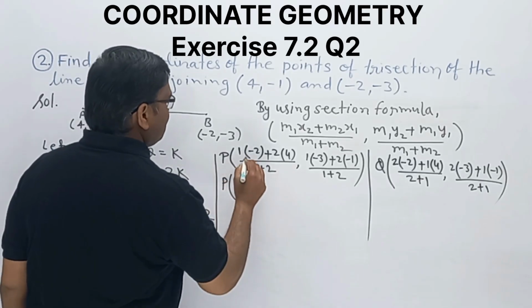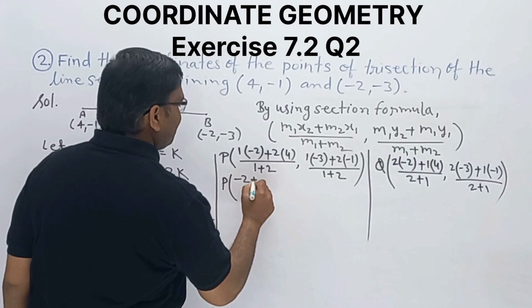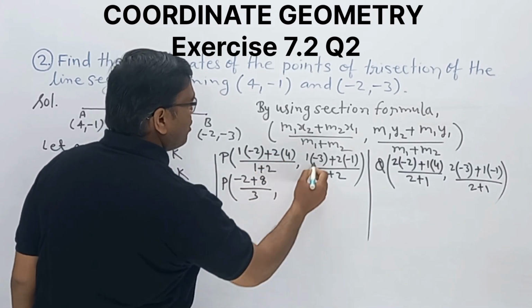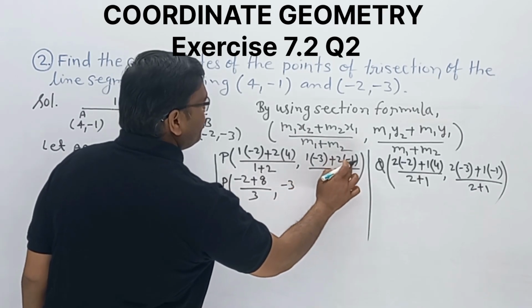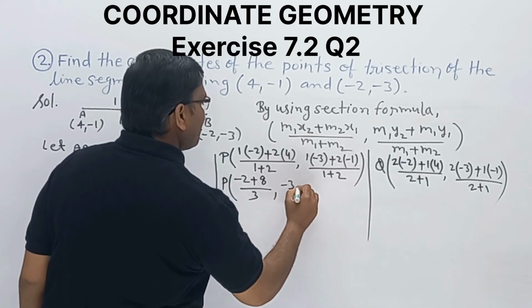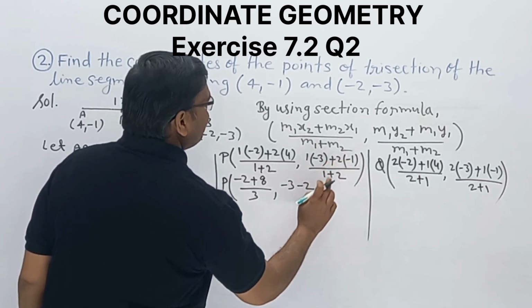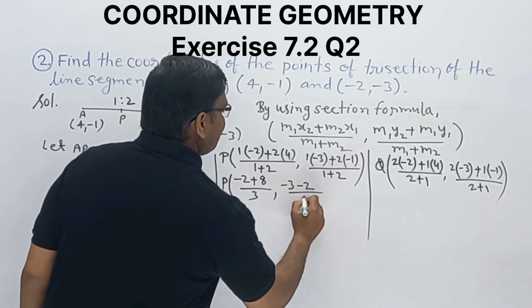Coordinates of P will be: 1 into -2 is -2, plus 2 times 4 is 8, divided by 3, comma, 1 into -3 is -3, plus 2 into -1 is -2, so -3 minus 2, divided by 3.